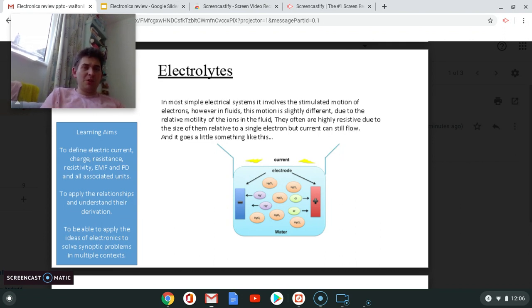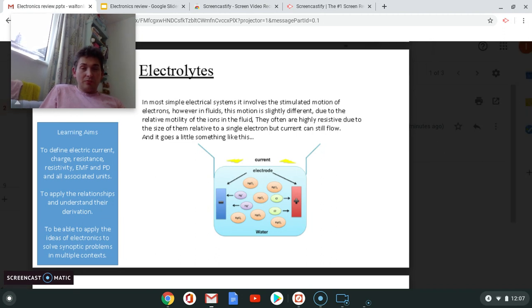I like that. Do you like that? I bet you do. So the relative motility of these ions is low relative to them in a solid. So yeah, they move, but it's massive resistance compared to a wire, as you can imagine, because the size of one of these things is huge relative to the size of an electron. It's going to be really hard to pull it along, right?